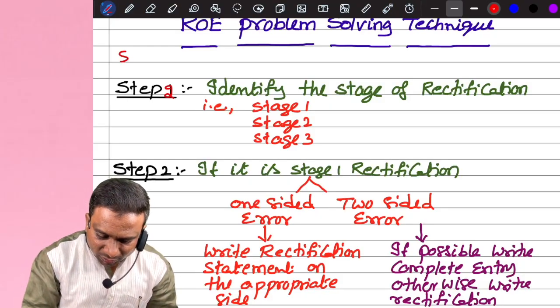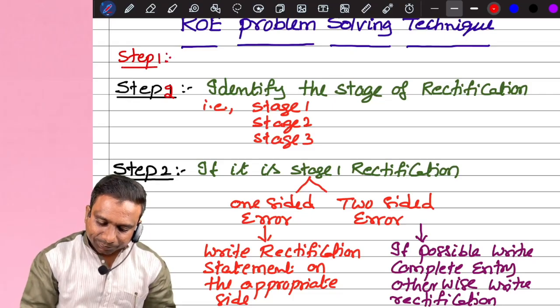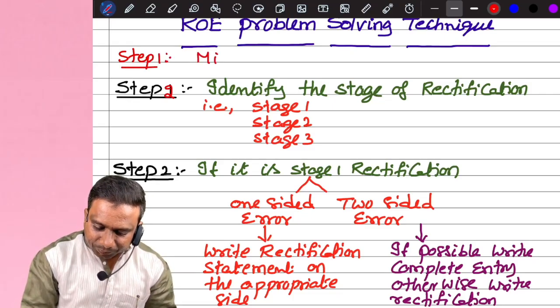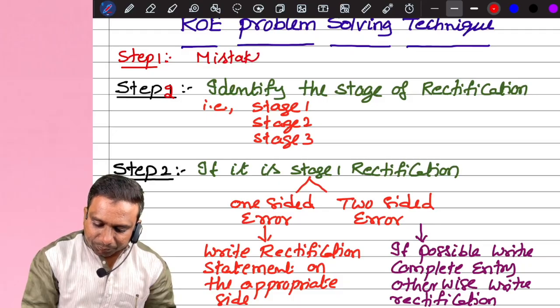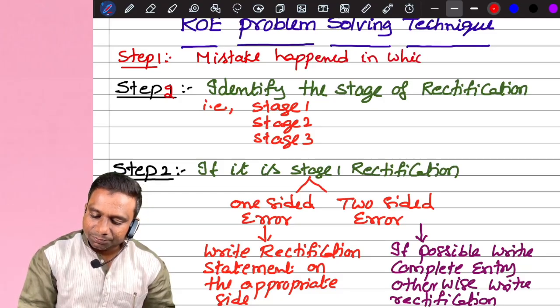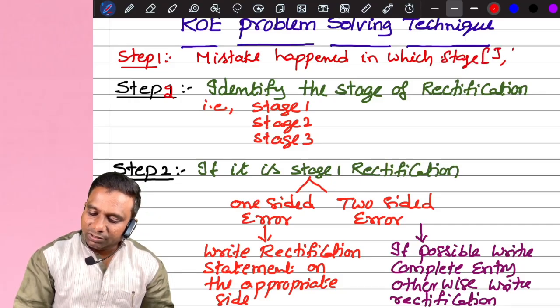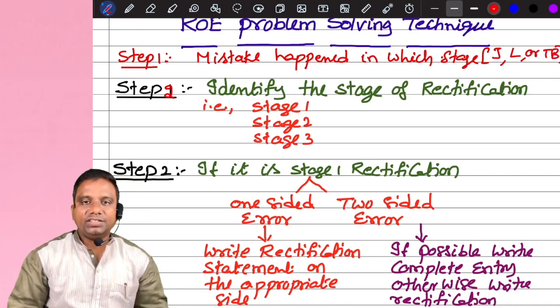Step 1: mistake happened in which stage? Which stage means that may be journal, ledger, or trial balance stage.